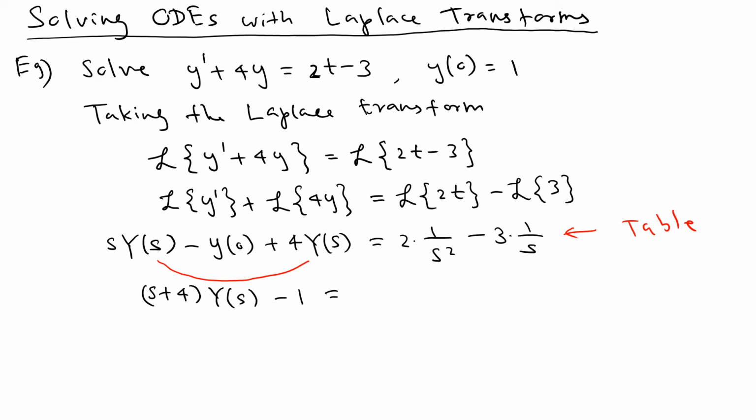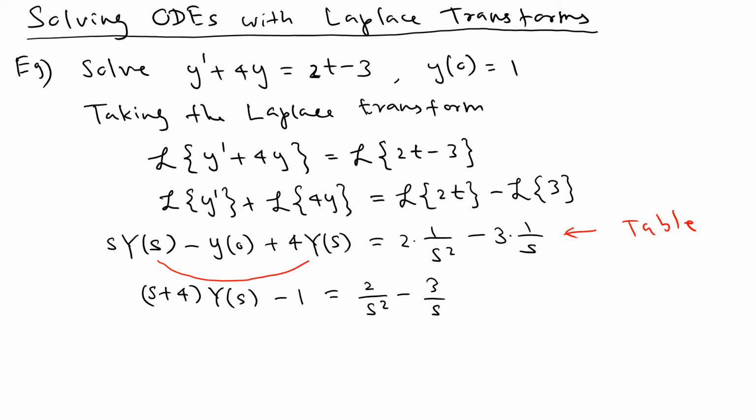That's given. And then here we have 2 over s squared minus 3 over s. Thus we have. Now what we can do is solve for Y(s).